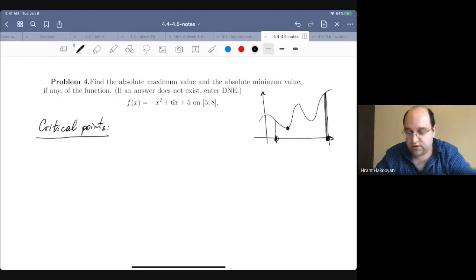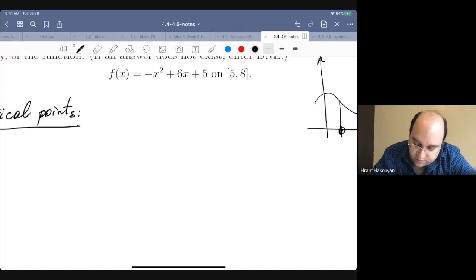We take the derivative and set it equal to 0. So f prime is the derivative of this function, and I'm going to write it immediately: f'(x) = -2x + 6.